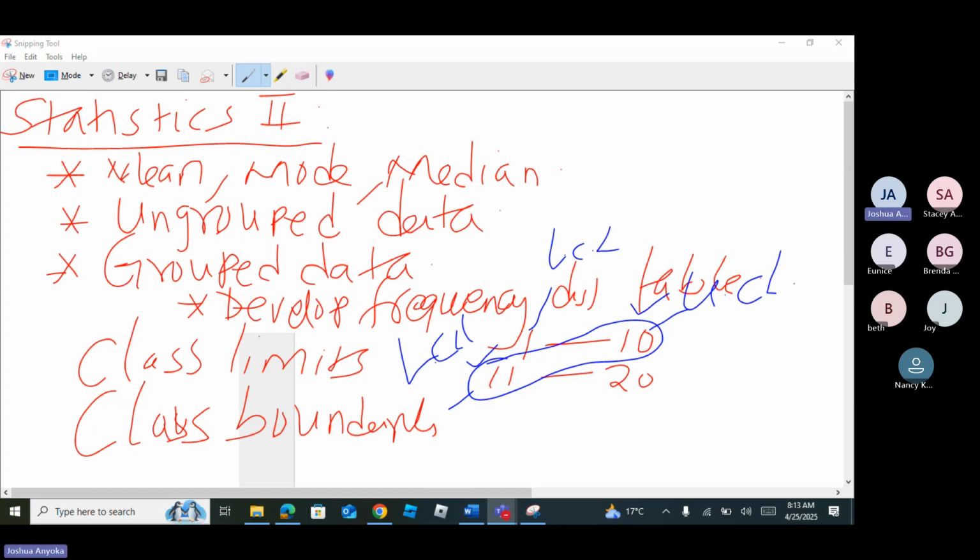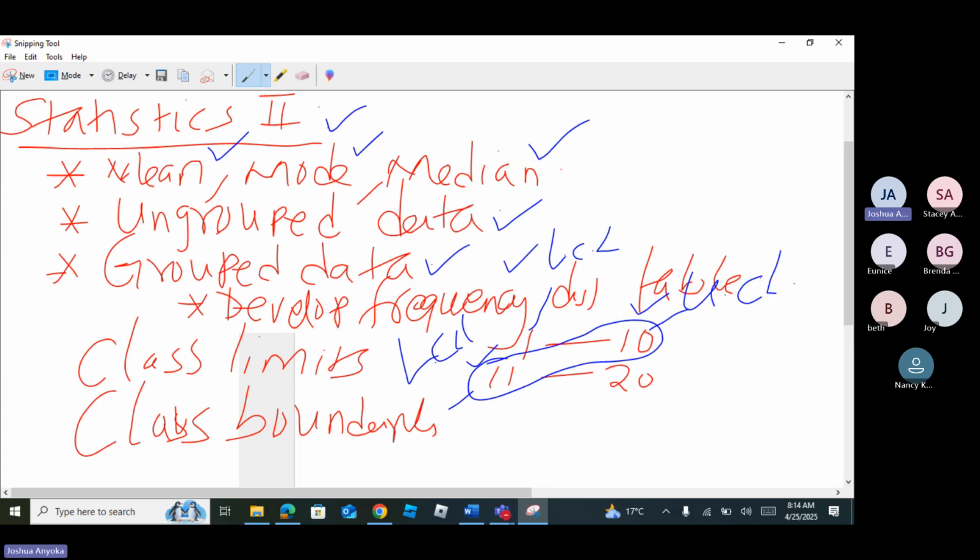I said we discussed statistics 1. And in statistics 1, we know the mean, mode, and the median for ungrouped data and for grouped data. In grouped data, we need to know how to develop a frequency distribution table from the data that we are given.